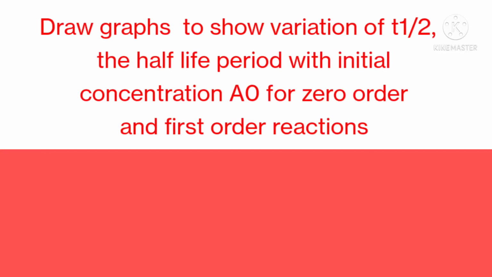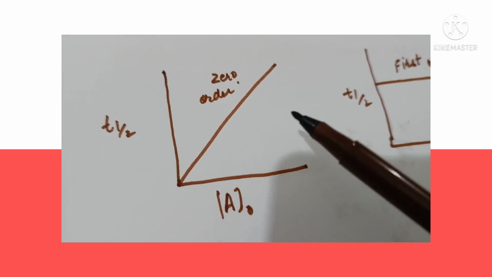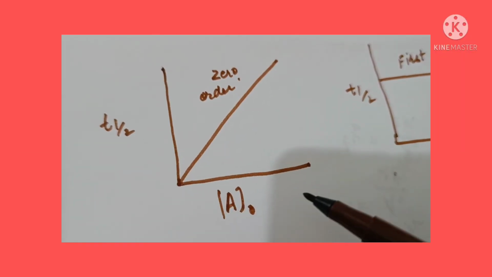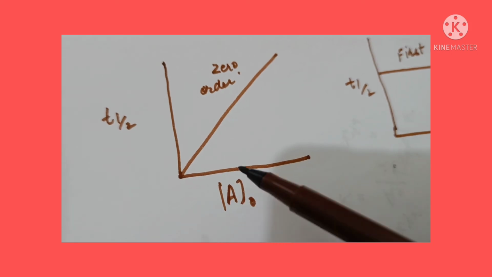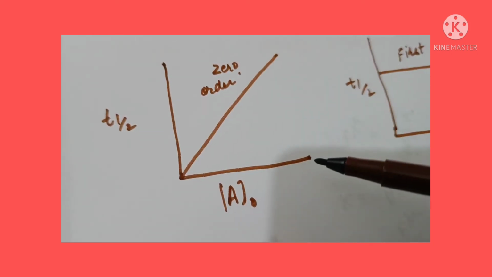Draw graphs to show variation of t half, the half-life period, with initial concentration A naught for zero order and first order reactions. The t half versus A naught graph for a zero order reaction shows that t half is directly proportional to initial concentration, and the graph is a straight line.